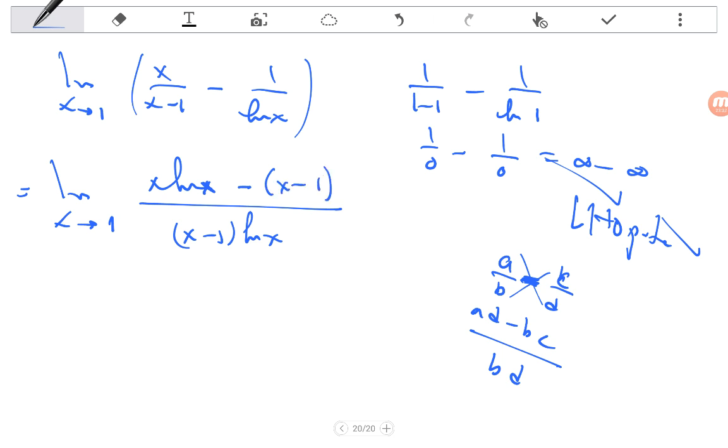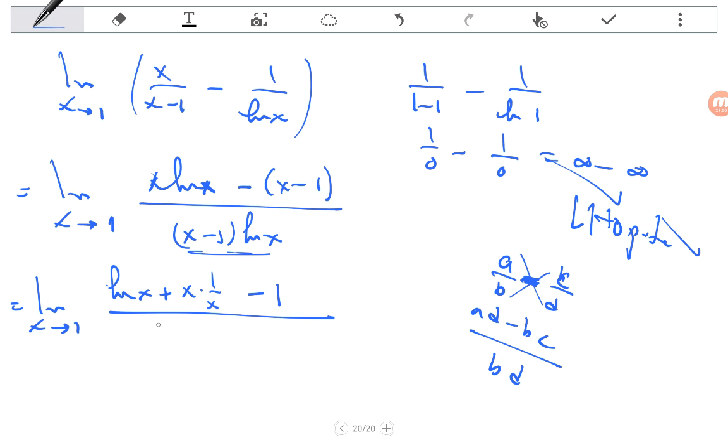Now I apply L'Hopital's rule. This is a product rule. The derivative of first ln x plus x times 1 over x, product rule, minus 1 over, this is a product rule also, so that will be x minus 1 times ln x plus the x minus 1 times 1 over x.